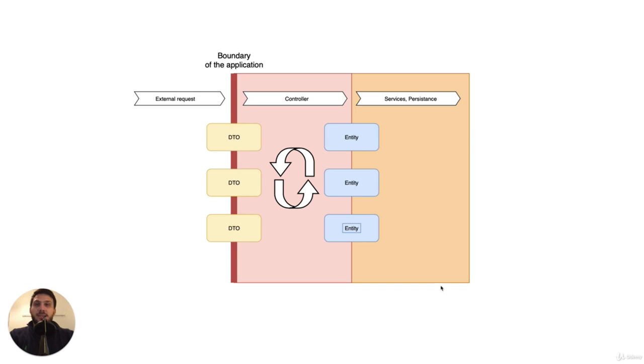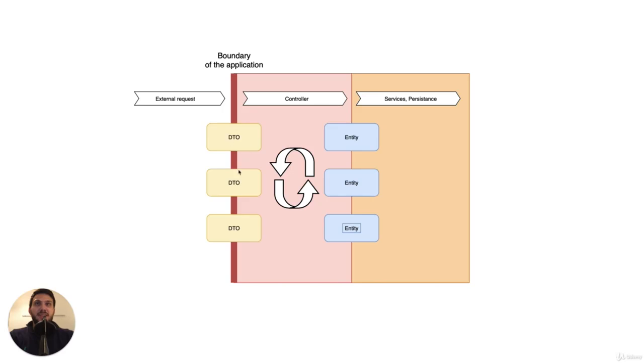Thanks to that, we can simply map DTO to the entity and entity to DTO. Please have a look at the attached image. DTOs are needed on the boundaries of the application. It's not fully true in our case because we are also generating the templates, but DTO exists at least on the boundary of the controller.